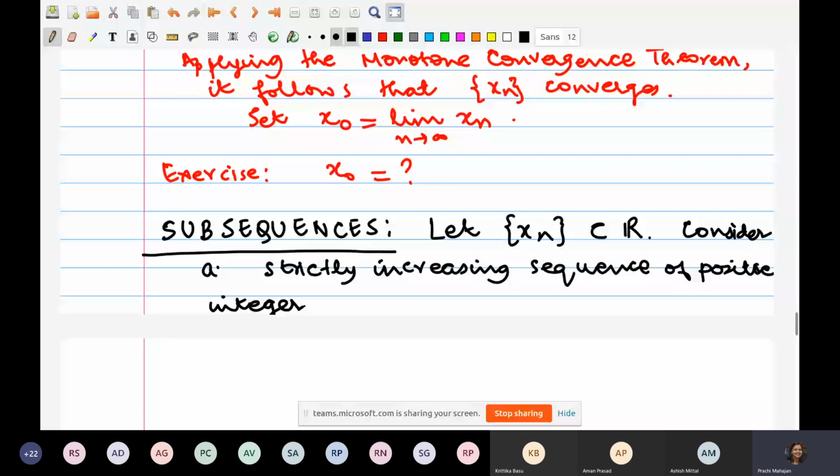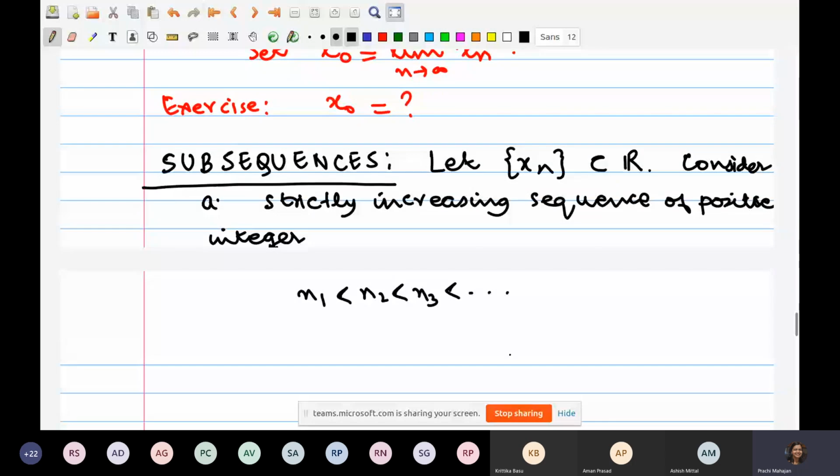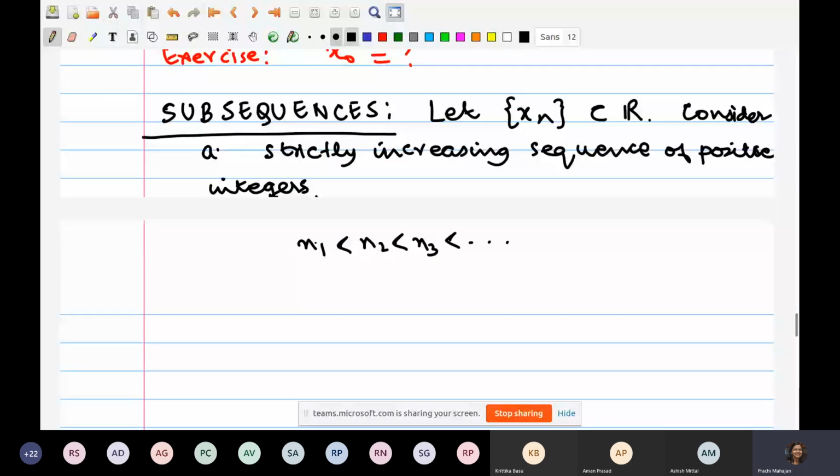So what is this strictly increasing sequence of positive integers? Let me denote it by n1 strictly less than n2, strictly less than n3, and so on. Each of these n1, n2, n3, and so on, are all natural numbers. Now what will I do? In this listing of the sequence xn, I am going to pick the corresponding terms as determined by n1, n2, n3.